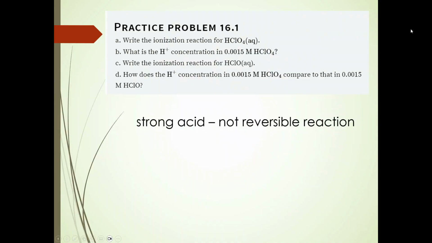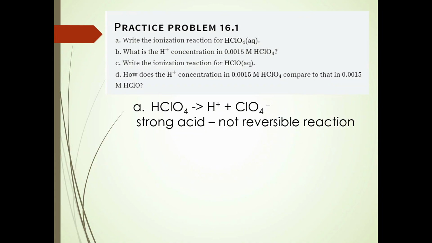Okay, so it's asking me to compare HClO4 with HClO. HClO4 is one of the strong acids, so it's not a reversible reaction. Because it's not a reversible reaction, we will expect 100% dissociation. So HClO4 goes to H plus and ClO4 minus.